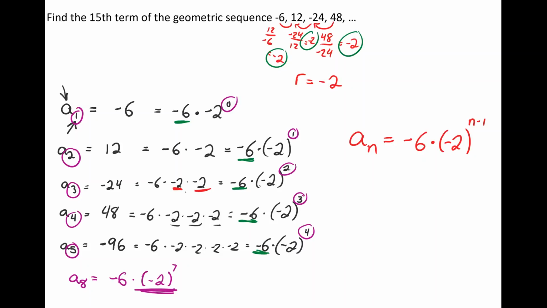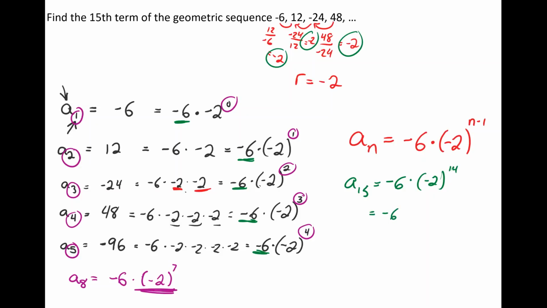So that means, what is the 15th term? Well, a sub 15 is equal to, so I'm trying to find the 15th term, negative 6 times negative 2 to the 15 minus 1, which is the 14th power.